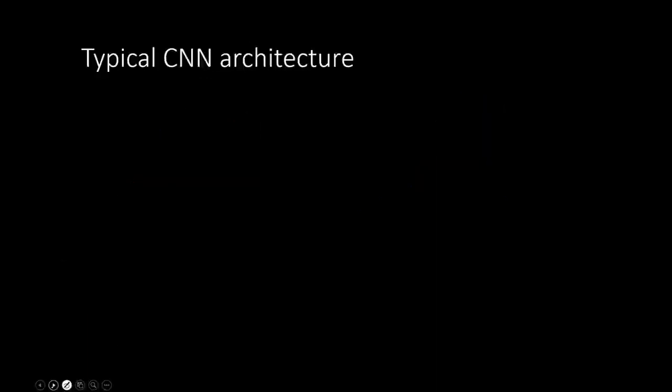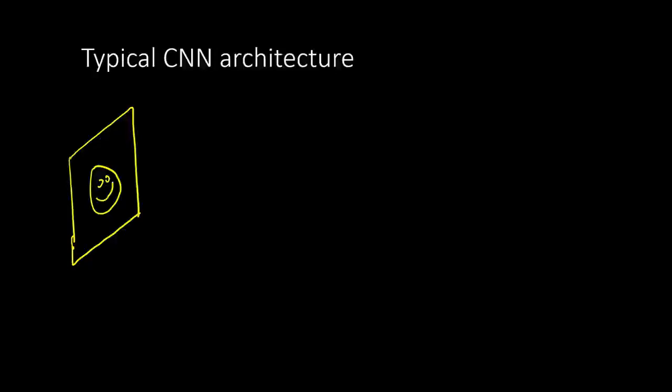So basically a typical CNN architecture would be that you have an image, and it could be a color image, and then you would have a convolutional layer. So you will have several convolutional filters, and based on that you will get the convolutional feature map.